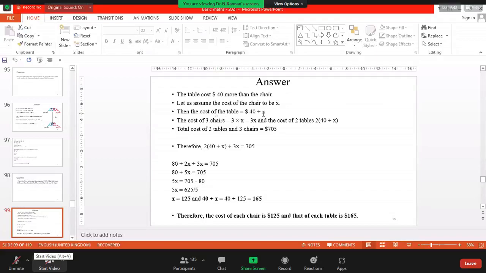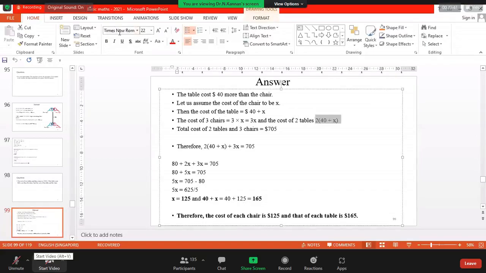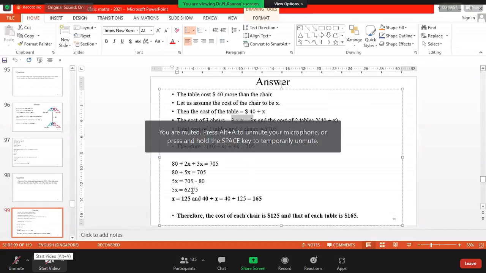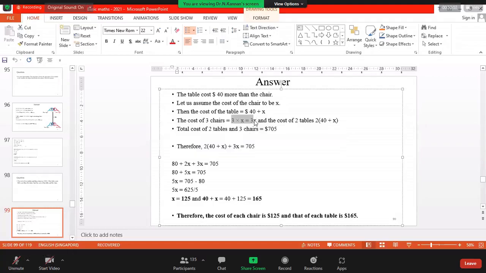Therefore, we can simply say: 2 times this one, plus 3x is equal to this one. Now you can find out x. If you know x, you can substitute that somewhere else. You can find out y. You got the point?